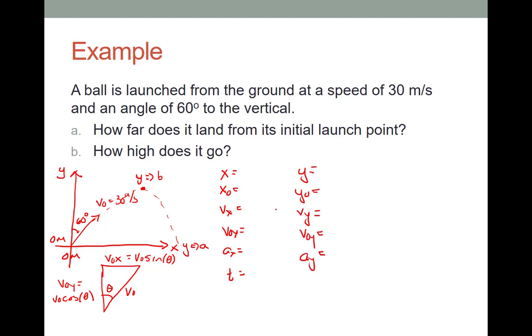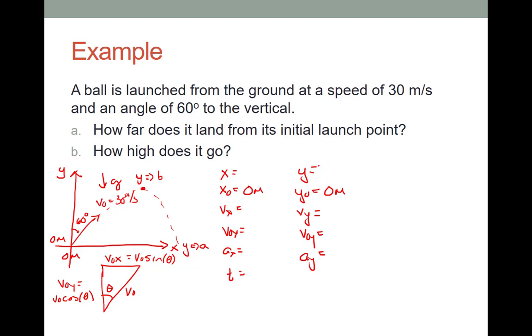And then start plugging in. Right. I forgot the acceleration due to gravity on the picture, so I added it. Our initial position is 0 in x and 0 in y.